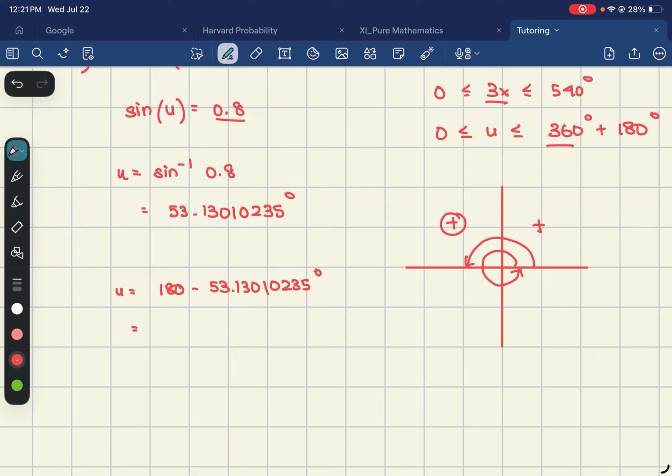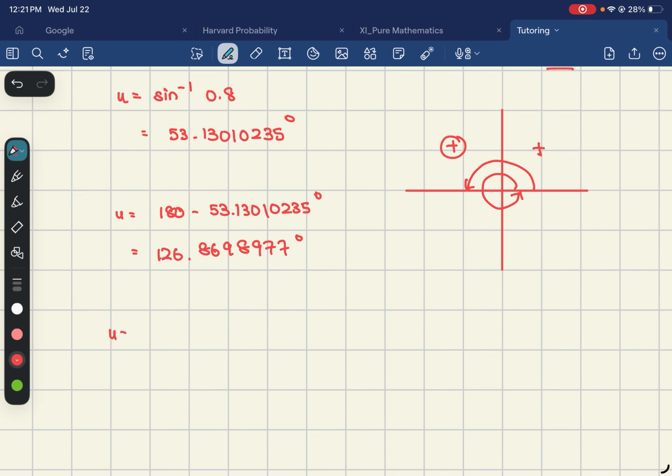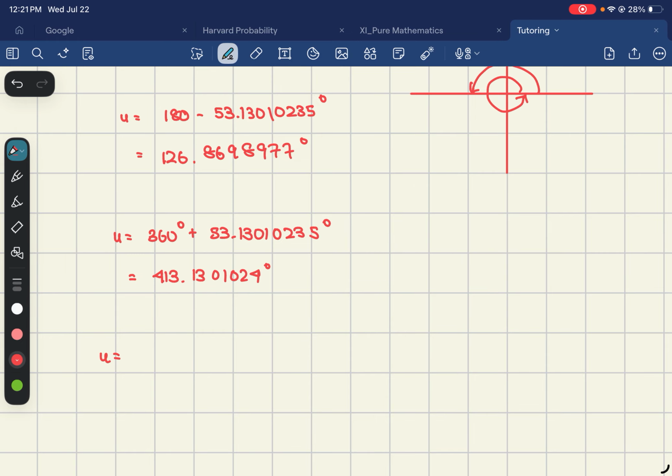So my two answers are 53.13010235 and 126.869897 degrees. And now, I also can add 360 as discussed to these answers. So if I do that, I get 413.1301024 degrees. And I'm going to tell you why I'm writing whole values in a minute.